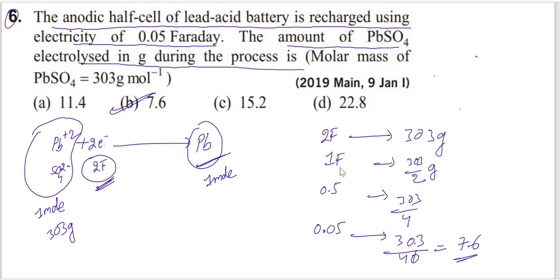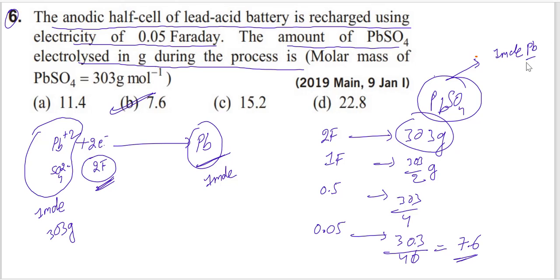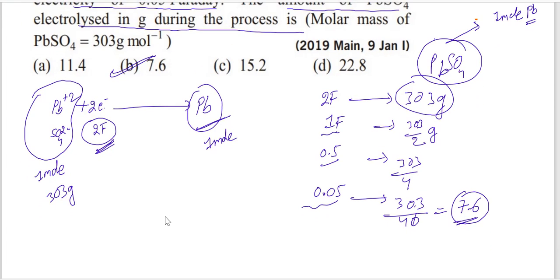Then simple calculation I did here. 2 farad में 303 gram of lead sulfate will be electrolyzed. Okay, it is forming 1 mole lead. If I provide you only 1 farad, उसमें आधा होगा. Then again half means by 4. Again by 10 times means 7.6. Simple calculation, cross multiplication questions.